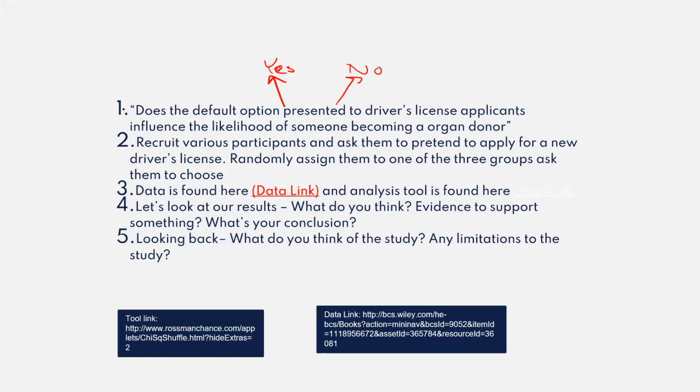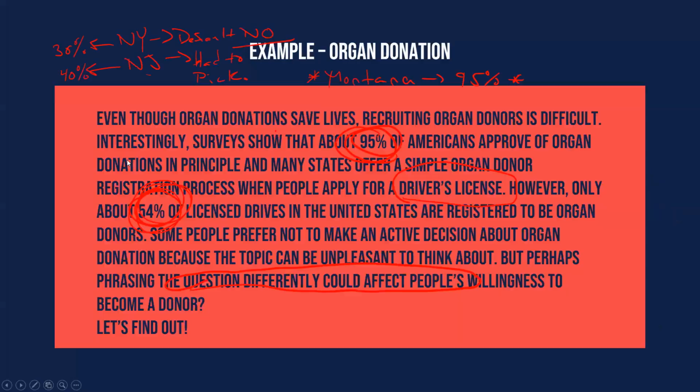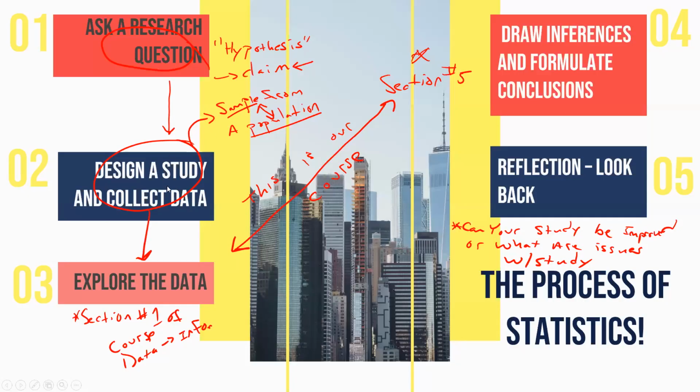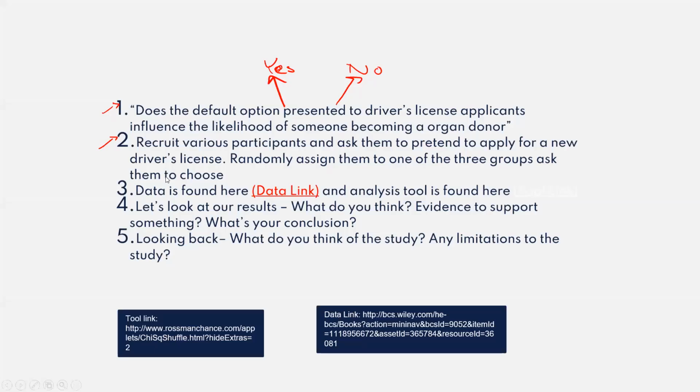Step 2, design a study and collect data. That's what they did. They recruited the various participants, asked them to pretend to apply for a new driver's license, and randomly assigned them to groups.